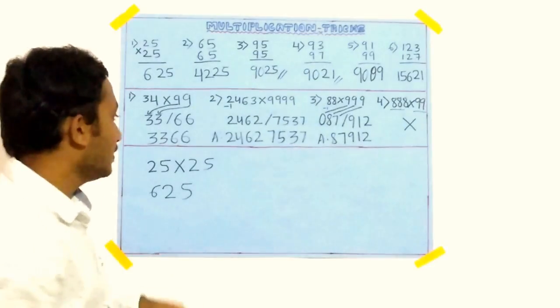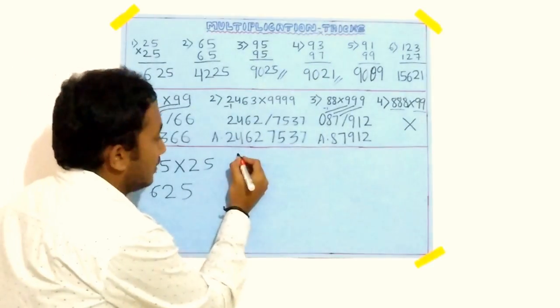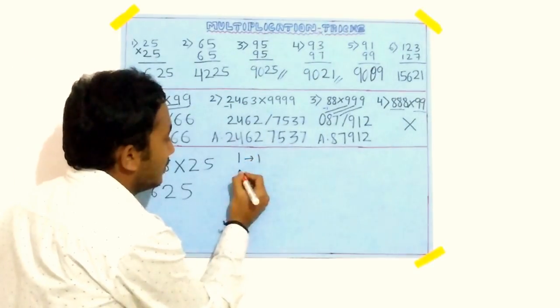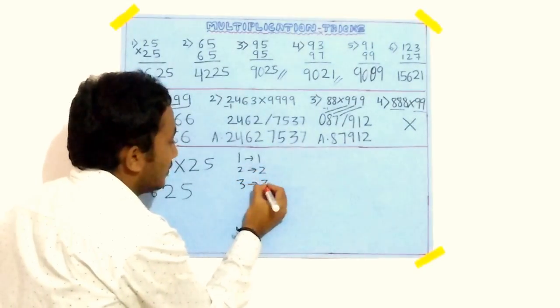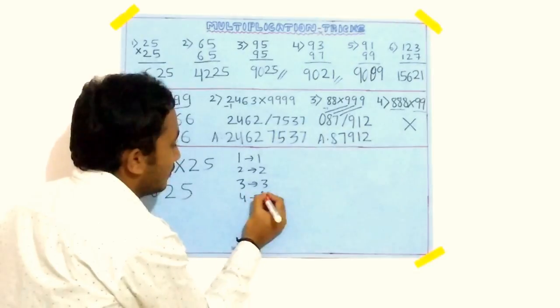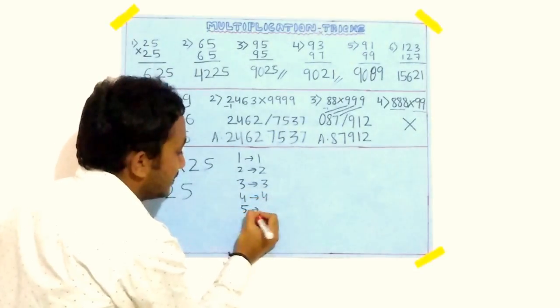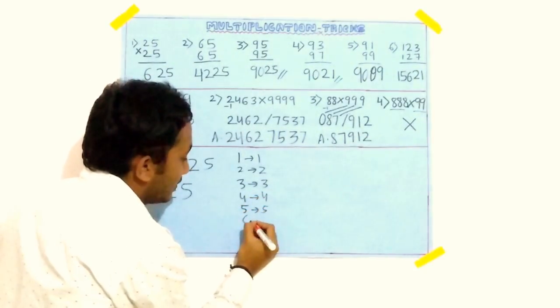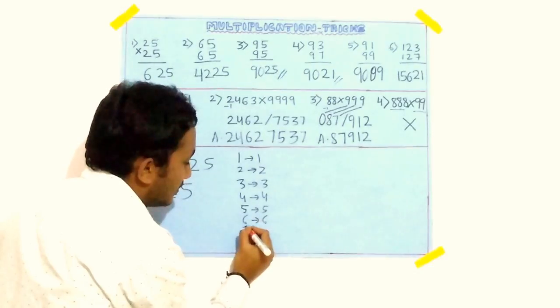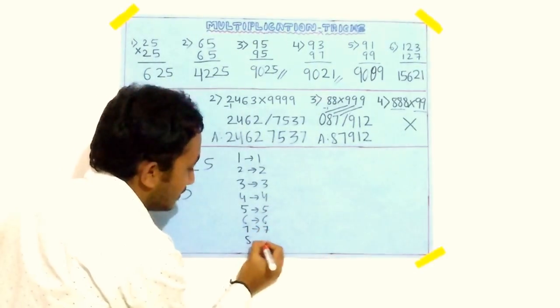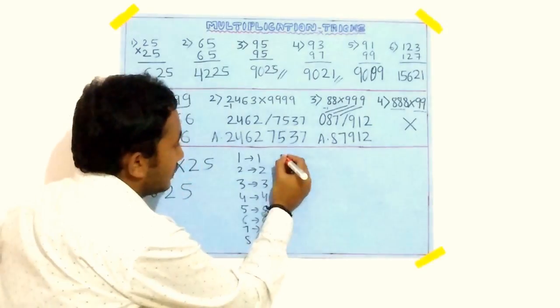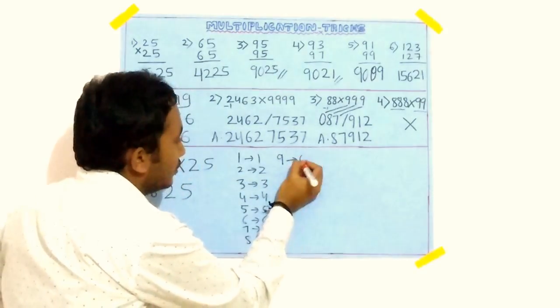So what I will do in this case, I will take 1 as 1, 2 as 2, 3 as 3, 4 as 4, 5 as 5, 6 as 6, 7 as 7, 8 as 8, but 9 I will take as 0.